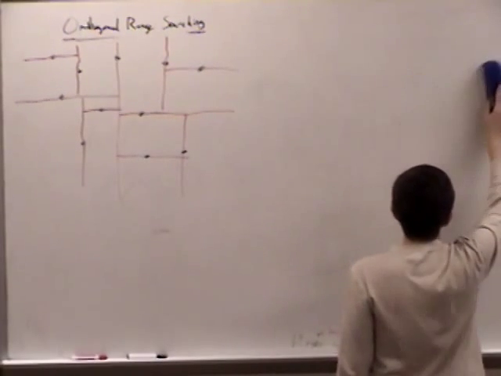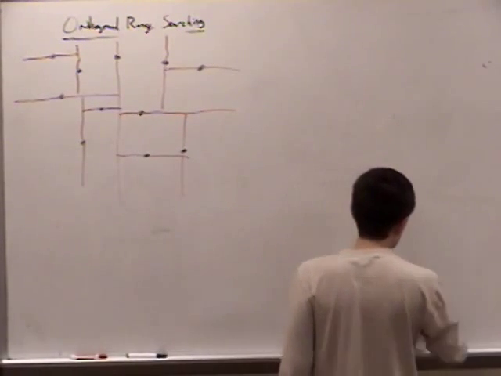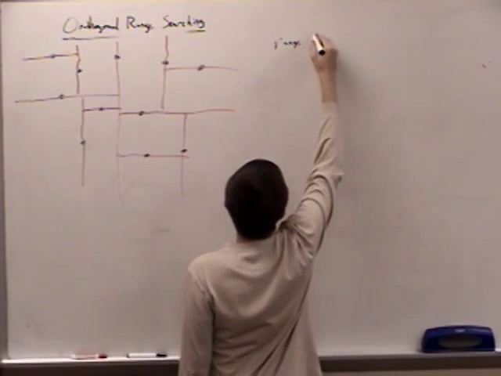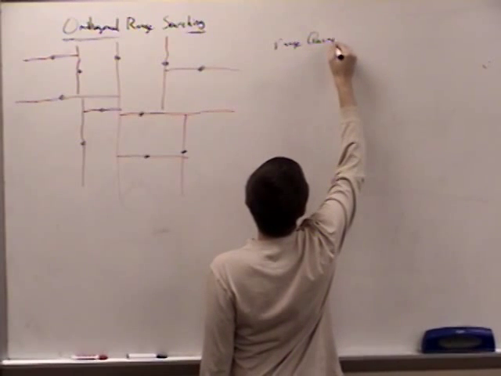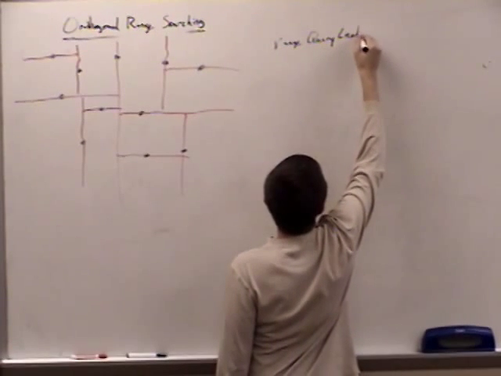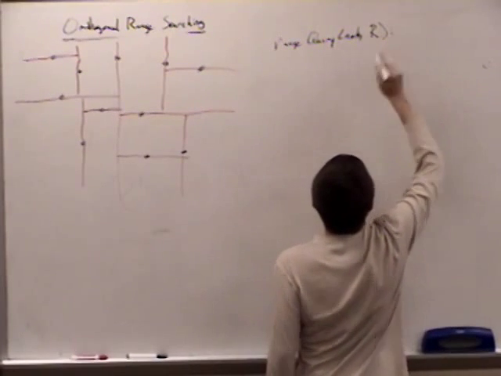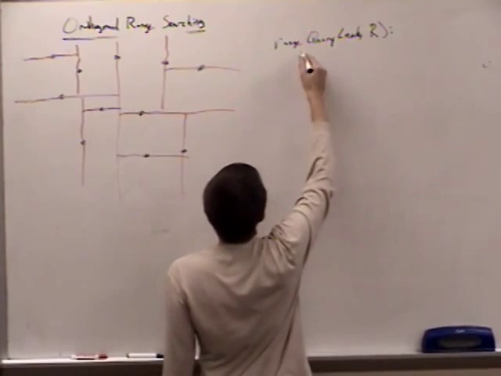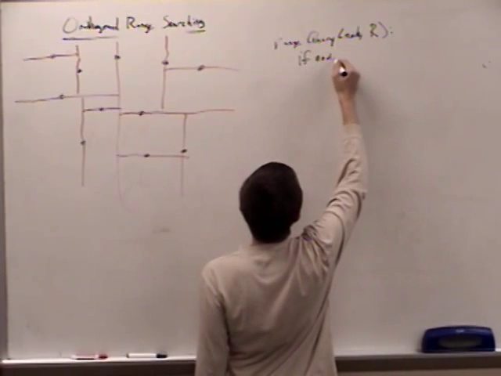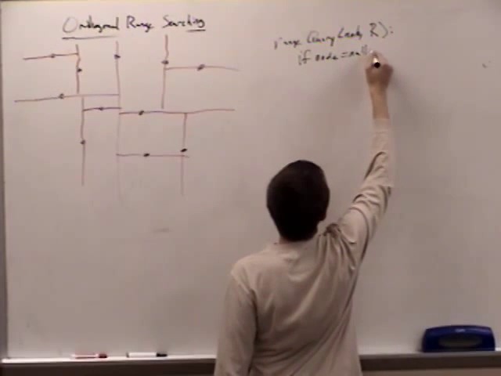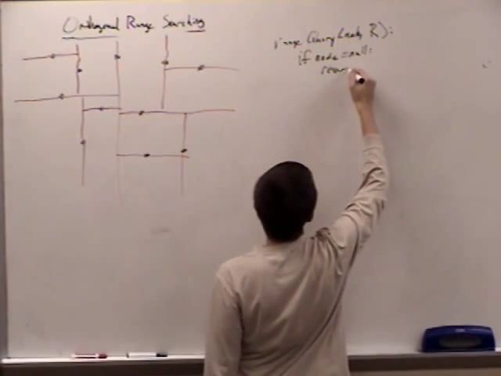So here is our range query. We'll start with some node, which would initially be the root of the tree, and then we'll have some range R. First, if the node is null, or if we're at a leaf or a terminal, then we'll just return because we're done.